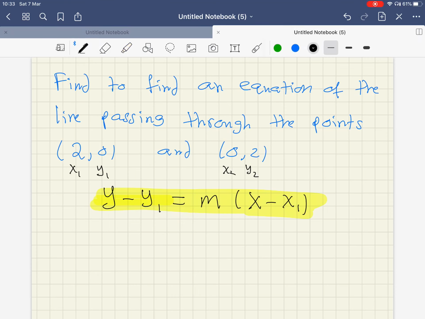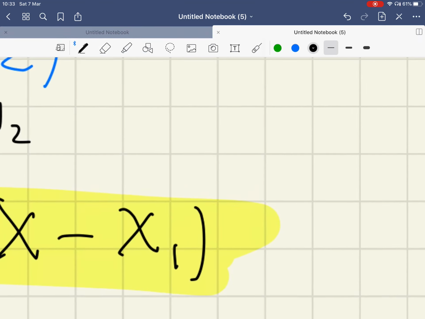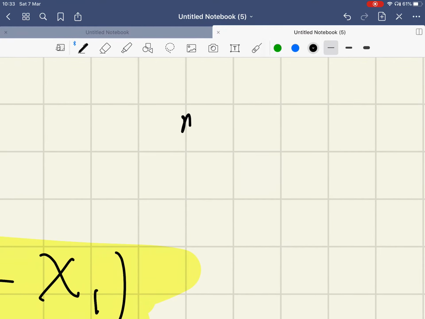All we need to do is plug in y1 and x1, and we need to find m. And how do we find m if we have 2 points? That's given by this equation: m equals y2 minus y1 divided by x2 minus x1.